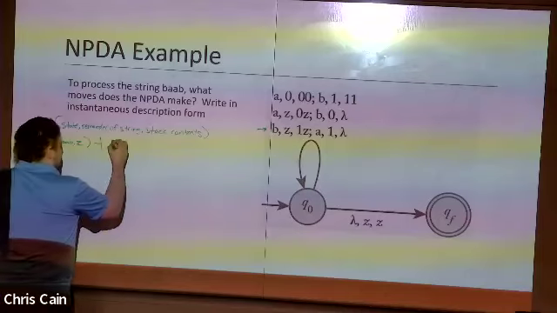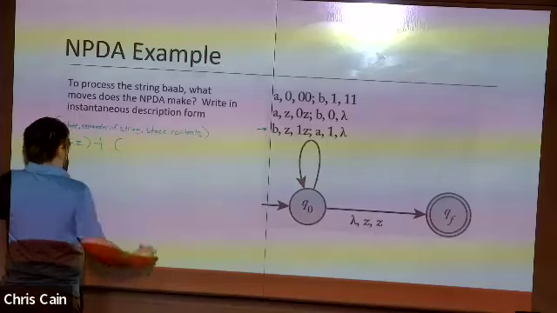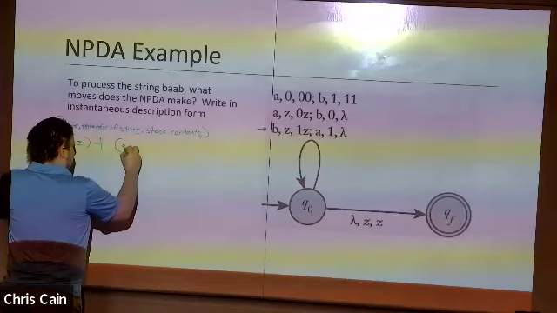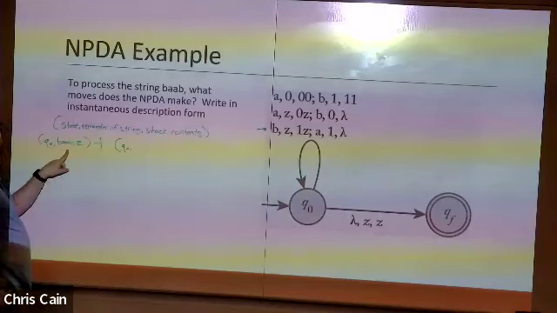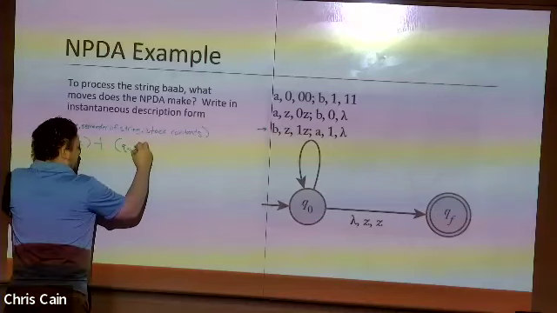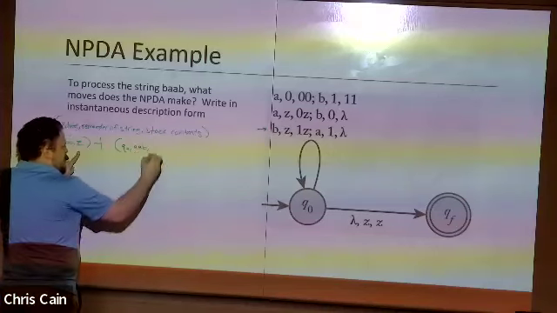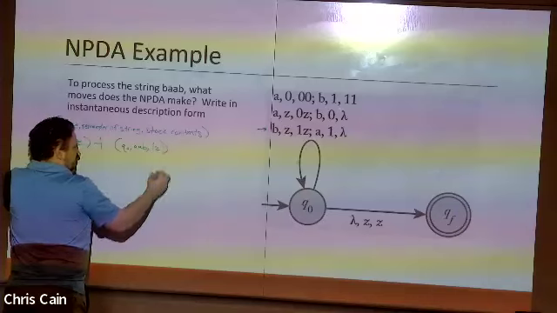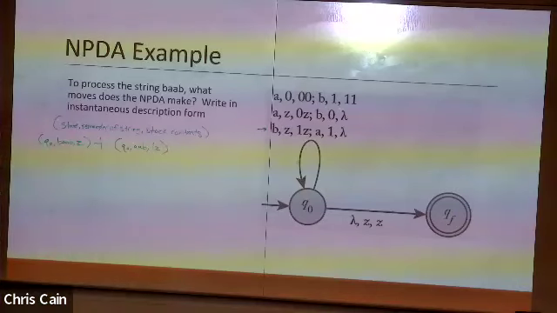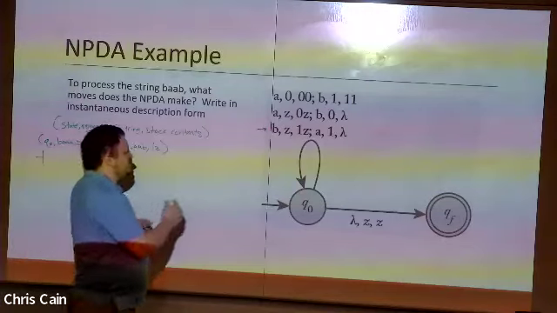So that tells us the next instantaneous description: we're still in Q0, the rest of the string to read is AAB, and the current stack is 1Z. Turnstile. Where do we go from there? We need to parse the A. Which transition are we going to take?